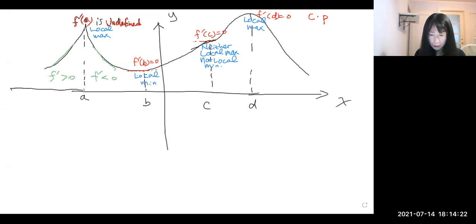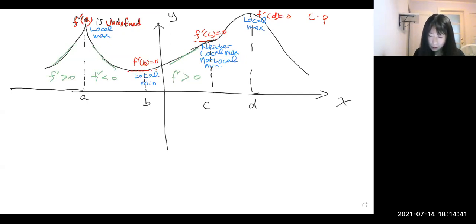Now I'm going to look after B. So f prime is greater than 0 because the slope is like that, right? Which is positive. How about after C?